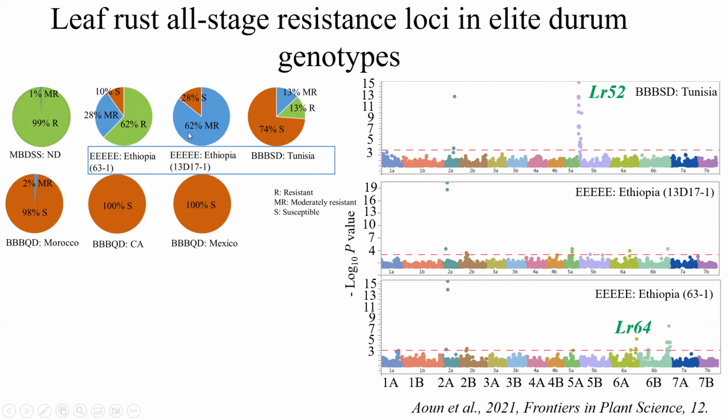So this shows a distinction between the races that are adapted to bread wheat versus the races that are adapted to durum wheat in terms of virulence on durum wheat lines.